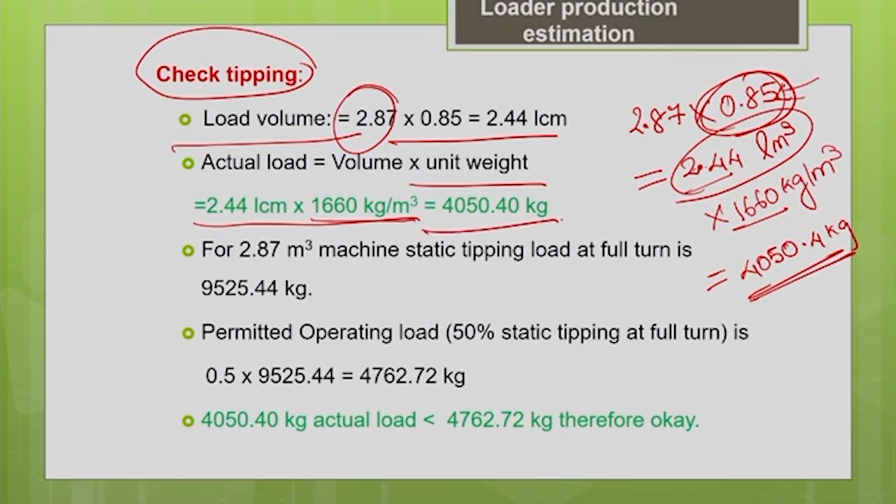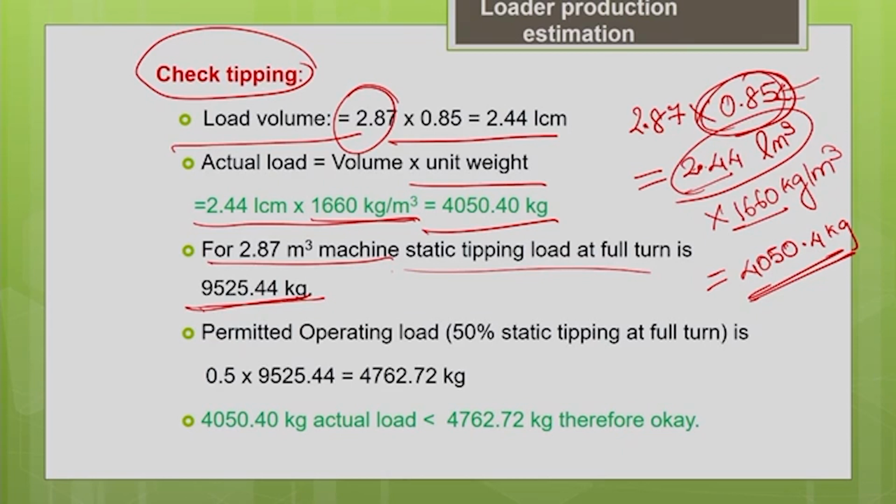Now, let me check for the tipping. For that, I need to know the full turn static tipping load for this bucket capacity. That is given by the manufacturer as 9525.44 kg. As per the guidelines, the permitted operating load for a wheel loader is that the load in the bucket should be within 50% of the full turn static tipping load.